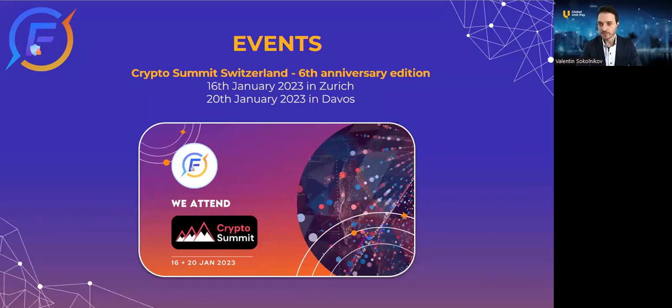Global Unit Pay as a company advertises what it can offer to different exchanges. Some of our clients are already crypto exchanges. We can disclose some of them. We cannot disclose others, because we cannot disclose information about them without their consent. And what's the advantage of this particular event, Crypto Summit, two events, because it is run in parallel with the World Economic Forum.